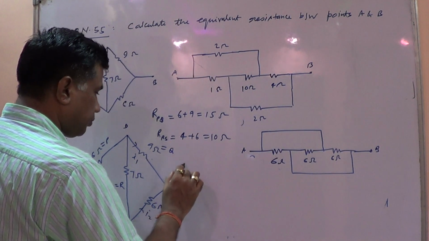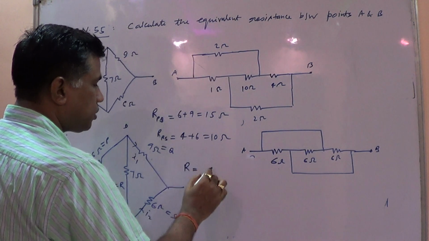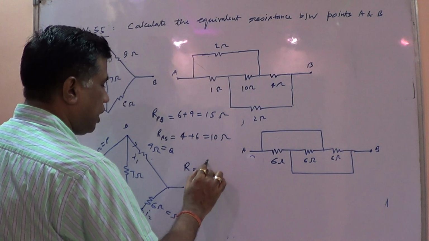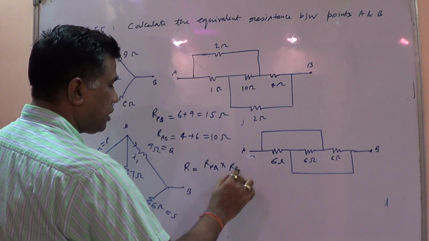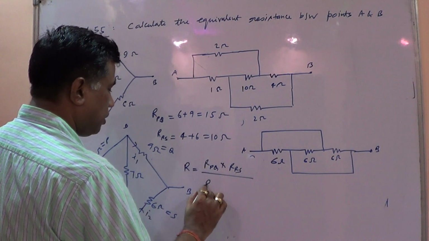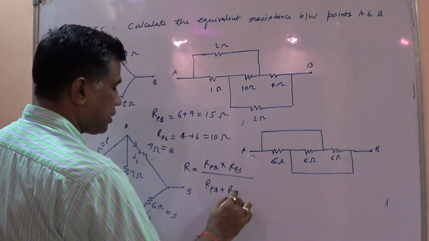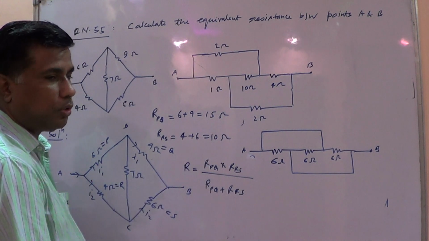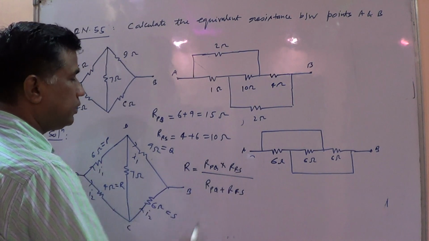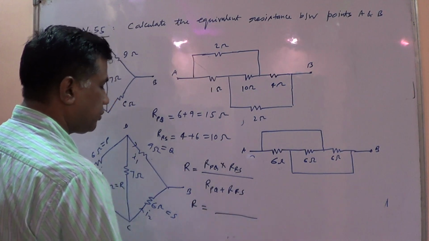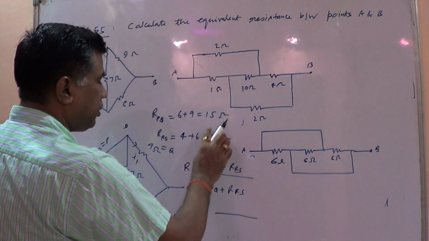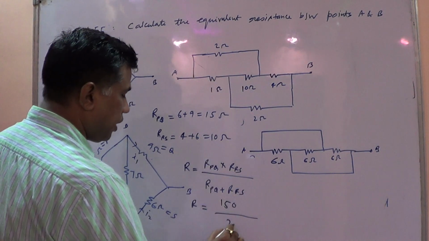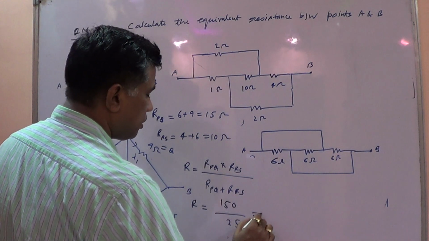So the equivalent is R equal to the product of these two divided by the sum of these two. So product of RPQ into RRS by sum of RPQ plus RRS. Children, I have already told you the parallel formula, 1 by R equals 1 by R1 plus 1 by R2, and on solving it, it comes out like this. So R is equal to the product of these two resistances, 15 into 10 is 150, and the sum of these two, 15 plus 10 is 25. So equivalent resistance is 6 ohm.